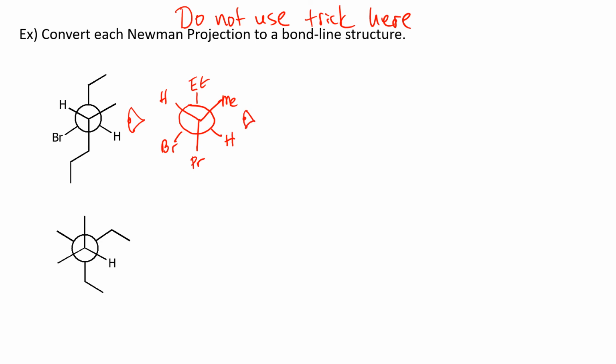All right, so if we're going to look at it from the left, let's make our zigzag template in this case. That's my propyl, that's my ethyl, there's my methyl, my hydrogen, and my bromine.